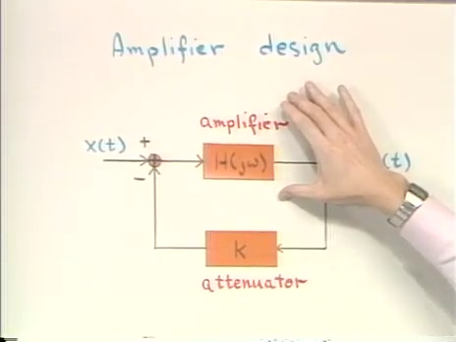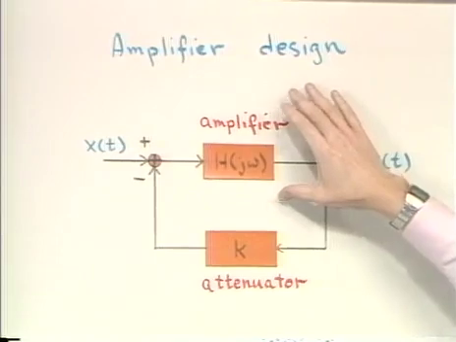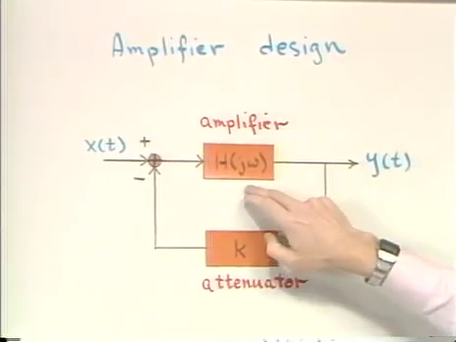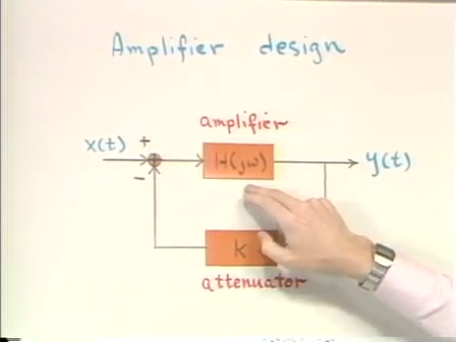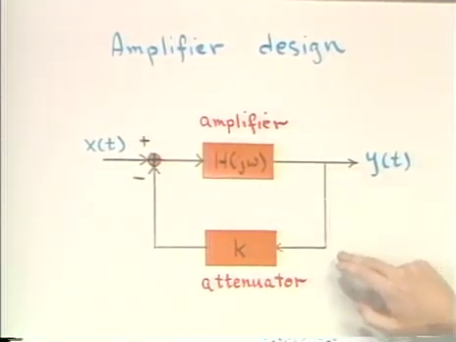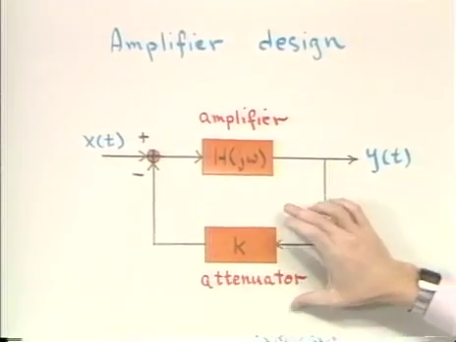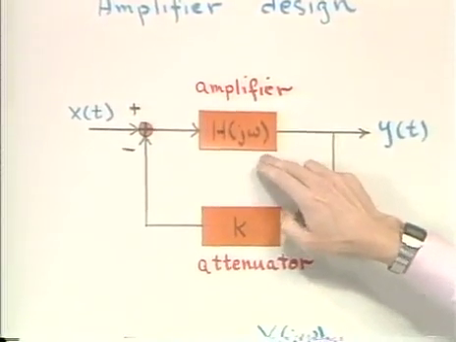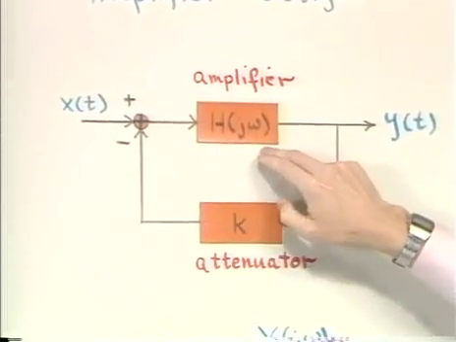And what we'd like to do is compensate for that. Well, it turns out, interestingly, that if we embed the amplifier in a feedback loop where in the feedback path we incorporate an attenuator, then in fact we can compensate for that non-constant frequency response.